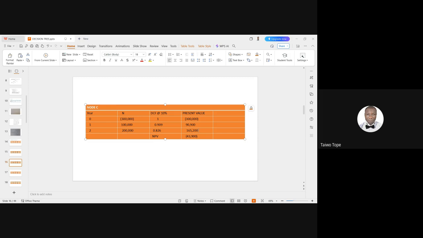It's negative. That is the initial outflow of capital. Is your outflow less than your inflow or greater than your inflow? So in your calculator, press minus 300 plus 90,900 plus 165,200 and tell me the outcome, sir.